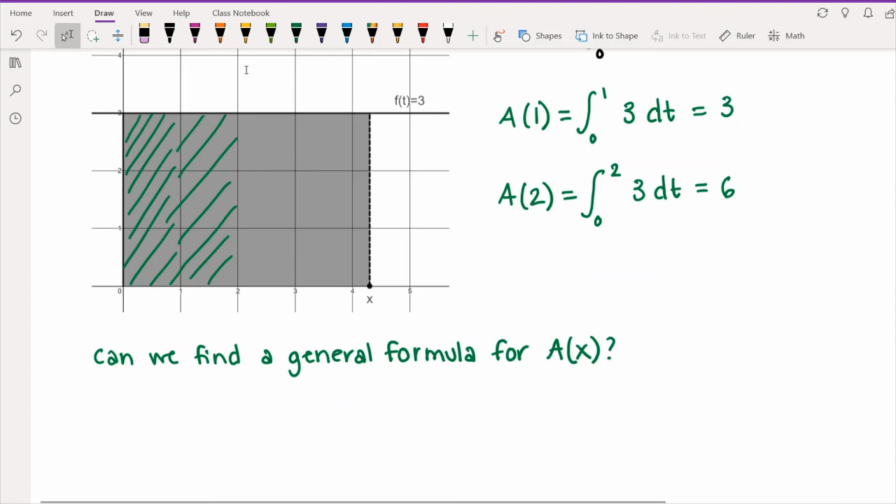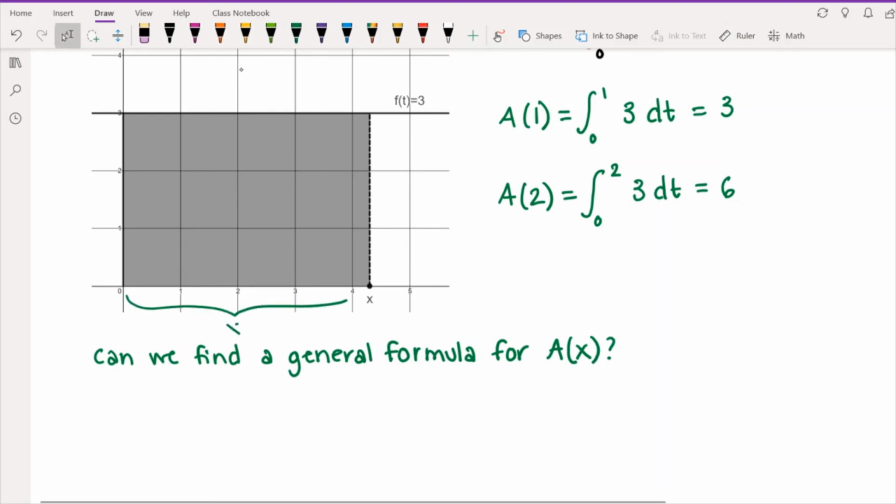I basically mean we want a formula that will tell us what is the area of the rectangle from 0 to x. So looking at this picture here, this is kind of a generic example, right? So we don't need to worry about exactly what x is. We're just thinking of this whole distance as being x. So what would the area of this rectangle be if the base is any number x and the height is 3? It would be 3x, right?